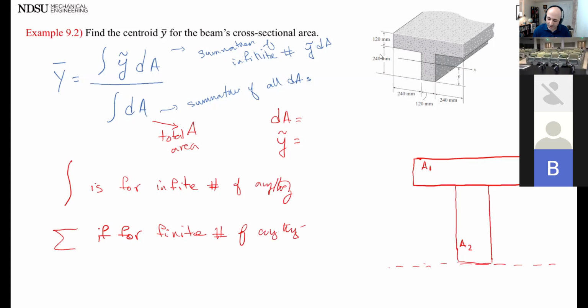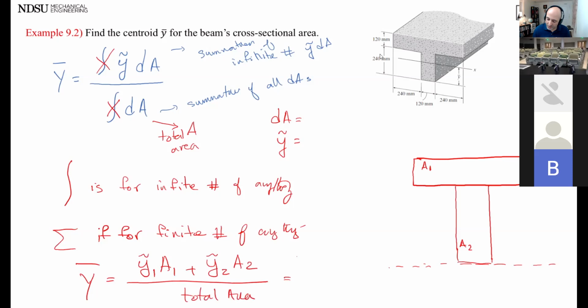So I'm going to change the integral into sigma: y tilde 1 area 1 plus y tilde 2 area 2, I have two of them, over total area, which is also y tilde area over summation of area. I just changed the integral to sigma, because this area is simple enough that I don't need integration to find the area of a rectangle.